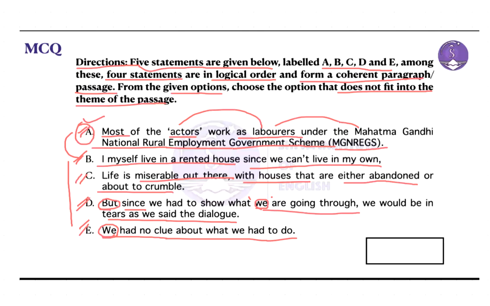Now, statement B starting with I is not the appropriate way to begin, because you start with the group of people, and then out of the group of people, you take one and discuss his or her condition. So in that case, if we look into option E, we had no clue about what we had to do. Why did a group of people say such a thing?